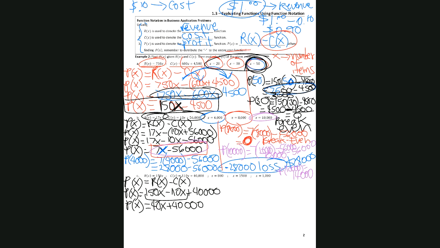And now, just like we did before, we're going to find the profit after making and selling 800 items. So here where this X is, we're going to substitute that with an 800.